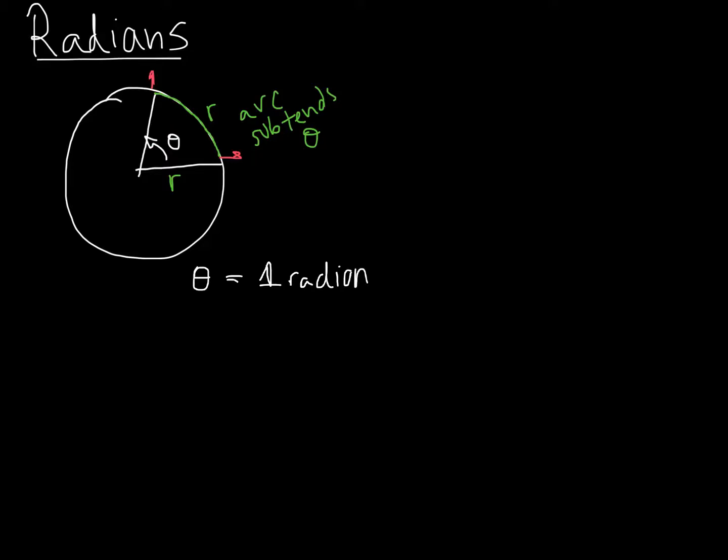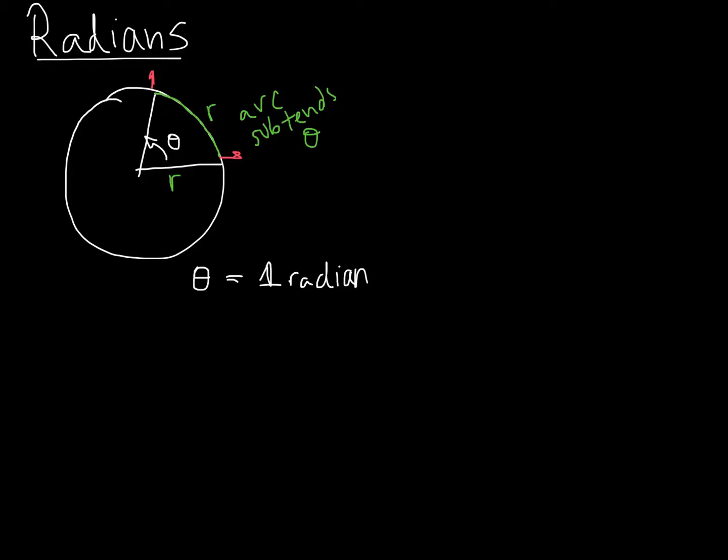I want to talk briefly again about why that is. The arc length that subtends this angle, or closes this angle, is exactly 1 radius long. So when we say theta is 1 radian, we're talking about the length of the arc in relationship to the radius. It's exactly 1 radius long.